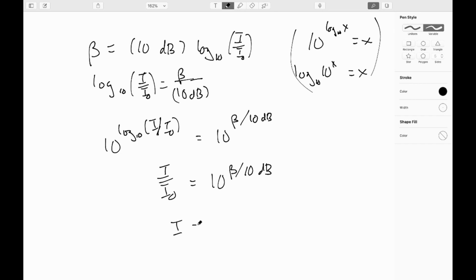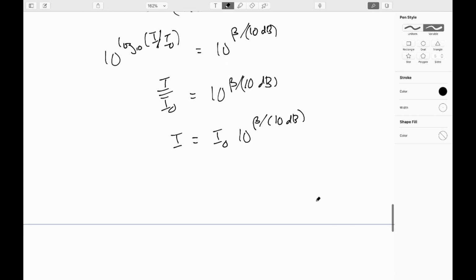And then we get that I is equal to I naught times 10 to the beta over 10 dB. So in our example, it was 30 dB, and our reference intensity level was 10 to the negative 12 watts per square meter.